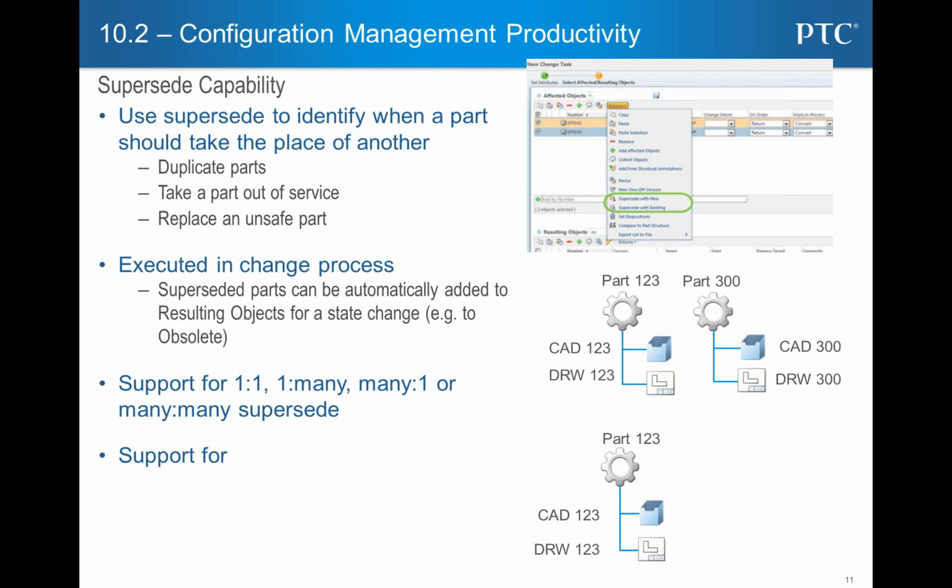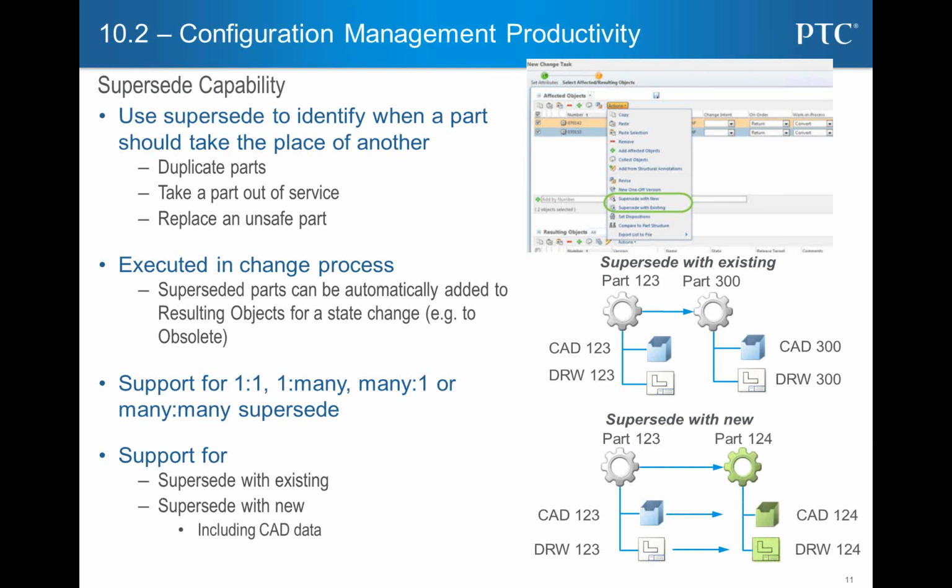So the support for superseded part is built into the change, so you can specify both whether you are superseding with an existing part that you already have, that's already released, or to supersede with a new part.